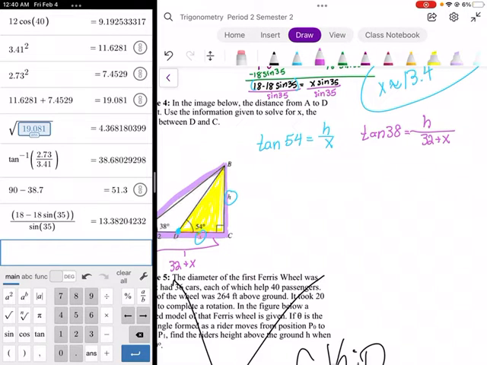Now these equations you are going to have to solve by substitution. So to do substitution, you have to get one of the variables by itself. The easiest one to do that for would be h in this example. If we look at our first equation, if we just multiply both sides by x, h will end up being by itself.